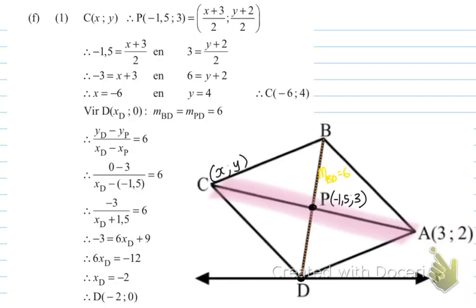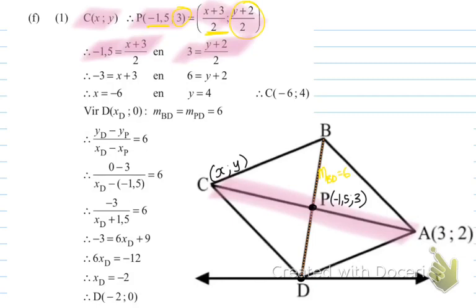P is the midpoint between C and A, so it's the x values added divided by 2, the y values added divided by 2. Then I set the x values equal to one another and the y values equal to one another. So -1,5 = (x + 3)/2, and 3 = (y + 2)/2.